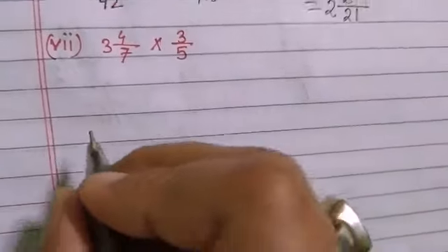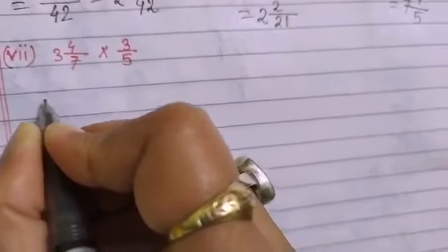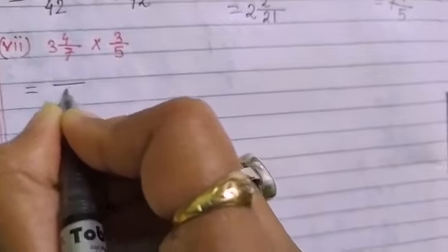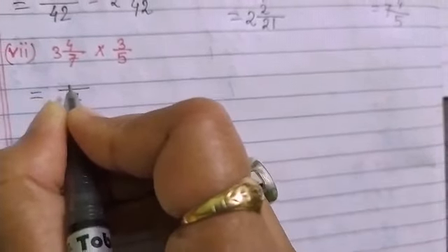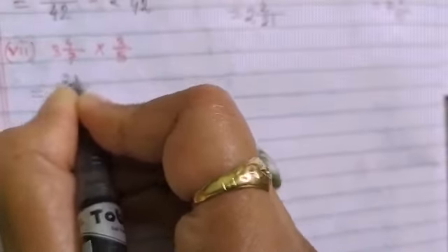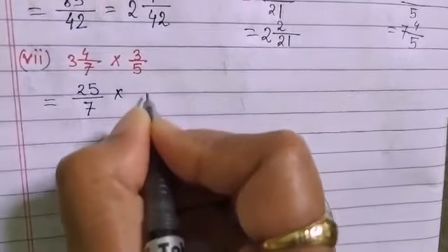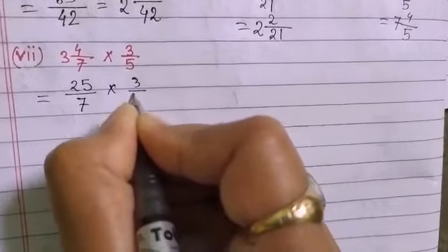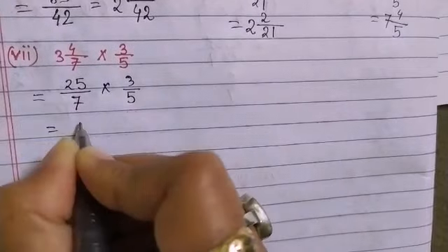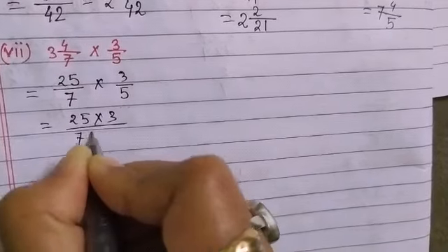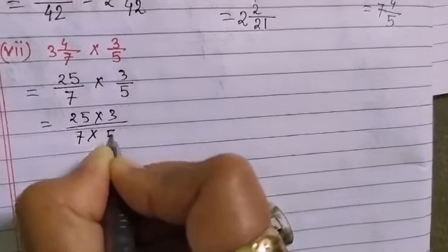Now number 7. 7 3s are 21 plus 4, that means 25 into 3 by 5. Then 25 into 3 divided by 7 into 5.